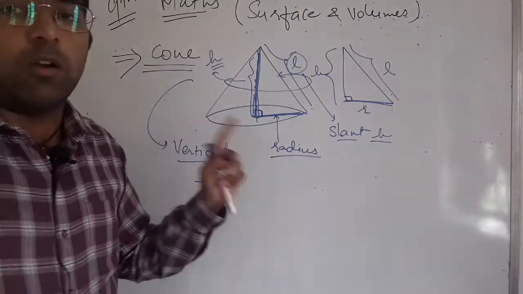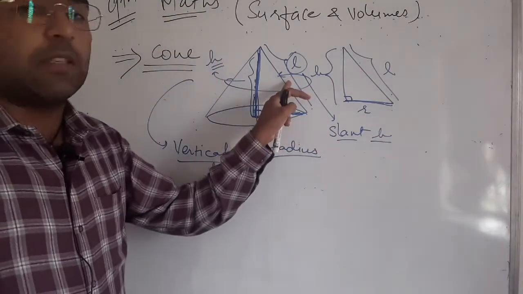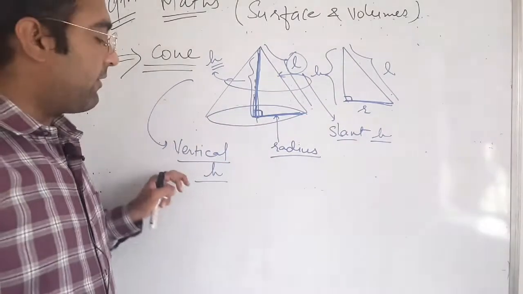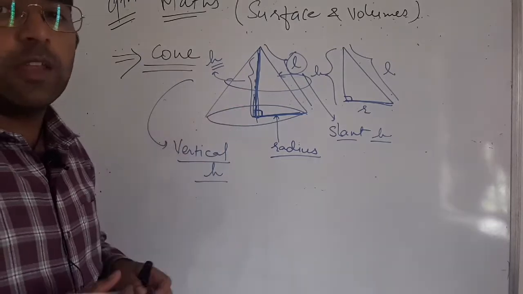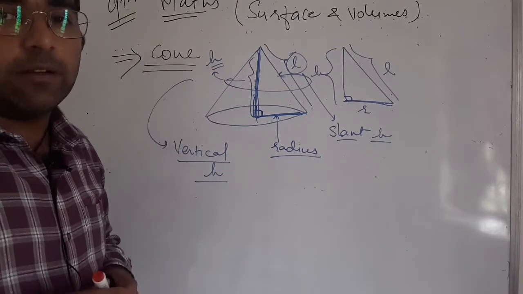Whenever they say slant height, we have to take it as L, and whenever they say vertical height, we have to take it as h. Okay, clear?